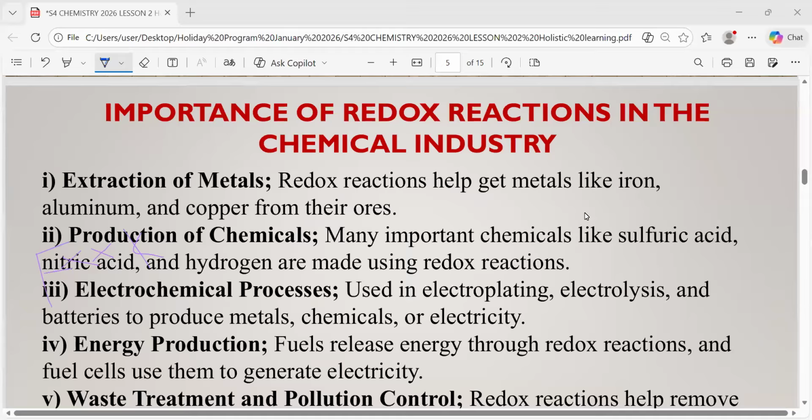So it becomes potassium oxide. Then it displaces iron, so you get iron as the metal that you wanted, and that helps you extract metals.